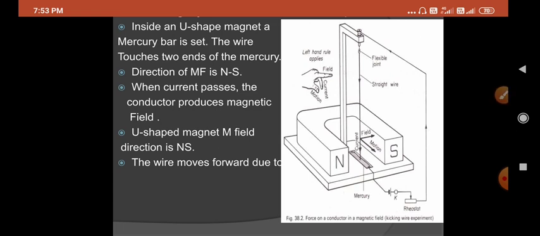You are getting the point? You can apply the right hand thumb rule to this current carrying conductor, whose direction is from up to down, and you will come to know the direction of the force.